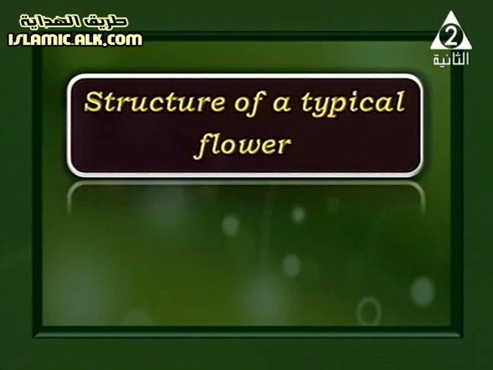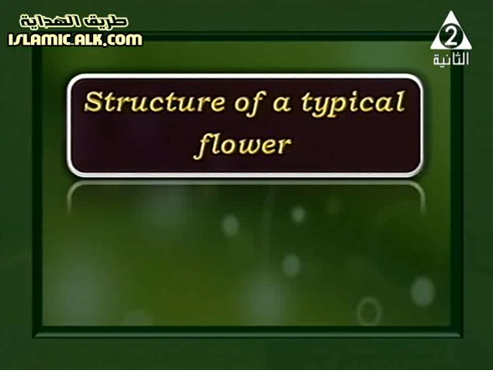Well, what is the structure of a typical flower? The expression typical flower here doesn't mean that some flowers aren't typical, but a typical flower in our study means it contains every flower part.